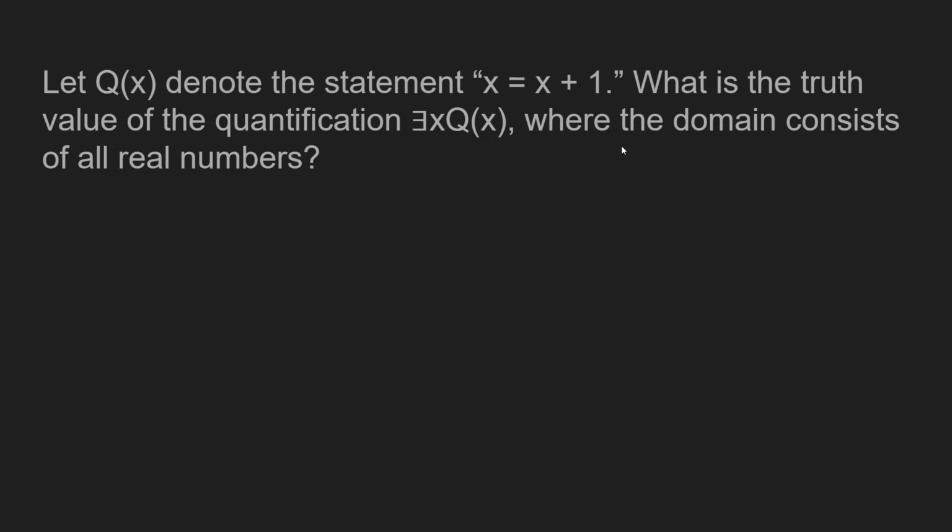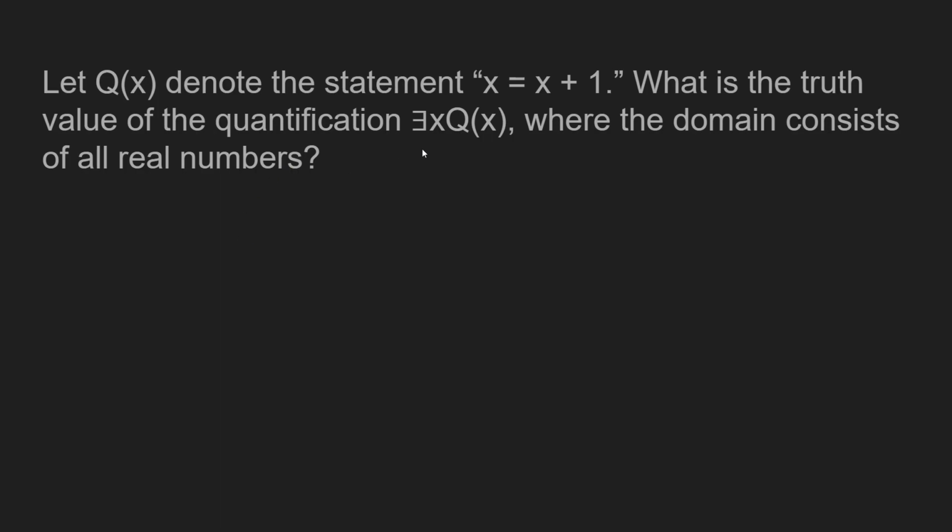Alright, let q of x denote the statement x equals x plus 1. What is the truth value of the existential quantification x of q of x, where the domain consists of all real numbers?